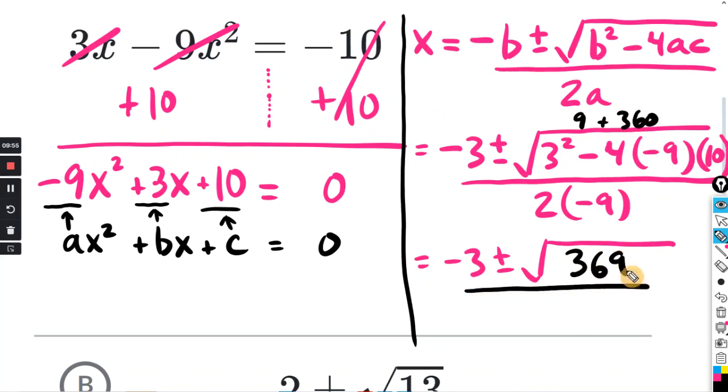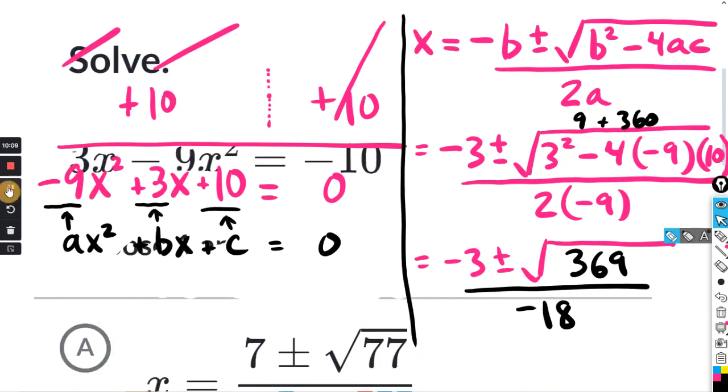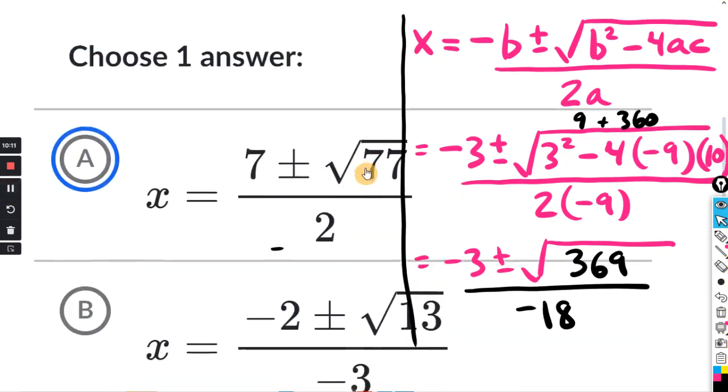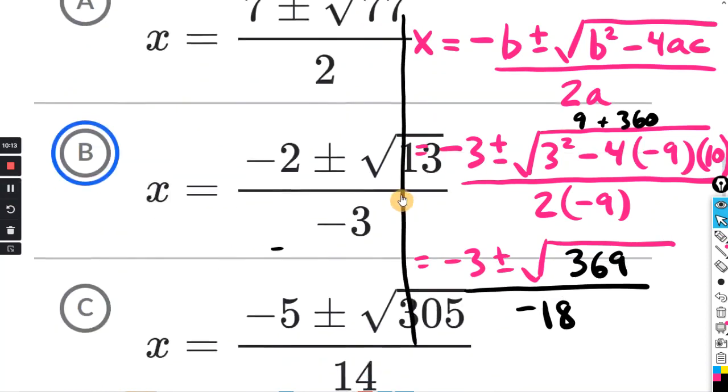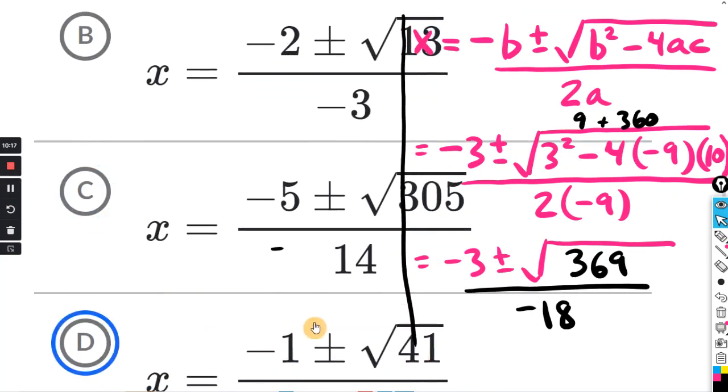And that's divided by 2 times negative 9, which is negative 18. Now, let's check the answers for a radical 369. We have radical 77, radical 13, radical 305, and radical 41. That means we're going to have to break this up or simplify.